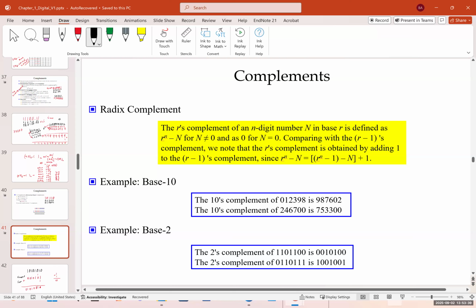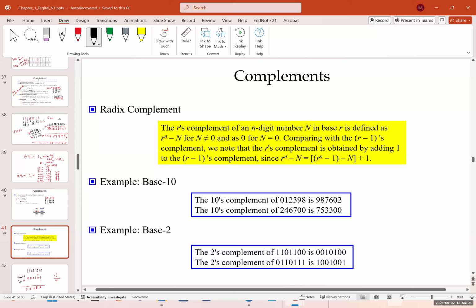Some examples. For a base of 10, the 10's complement of 012398 is equal to 987602, and the 10's complement of 246700 is 753300.